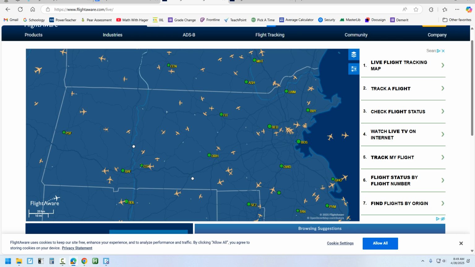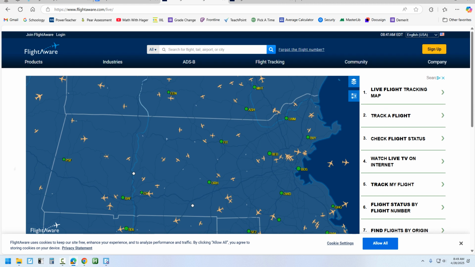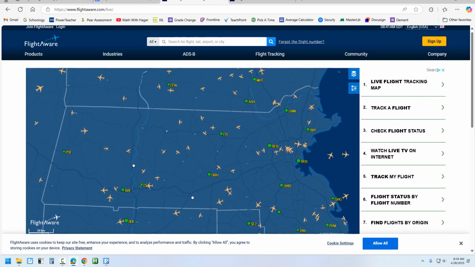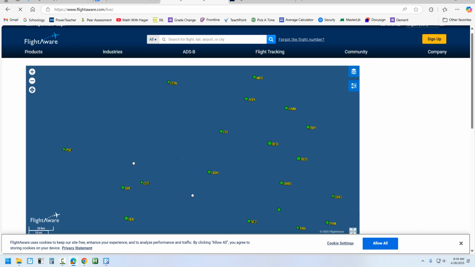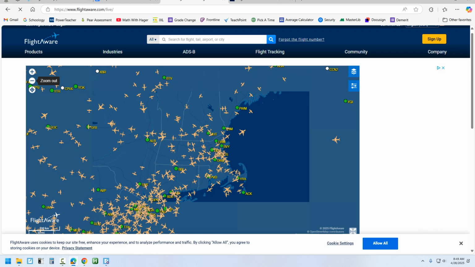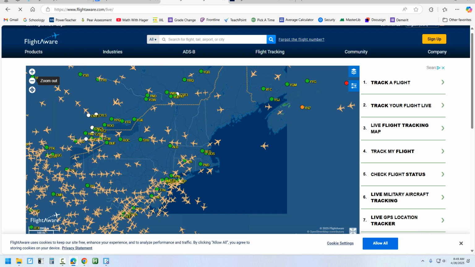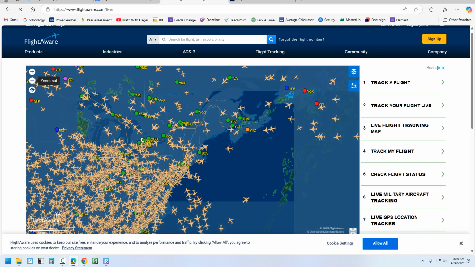Okay, so that's one use for vectors. Trying to coordinate all this traffic. It doesn't look like there's a lot, but if you start to zoom out, you definitely see, I have to go back to the computer, but you start to see a lot more planes, hundreds, thousands of planes all in the air at the same time. Now if I zoom out, you can see a lot more. And as you start to zoom out, I think some of them even disappeared.